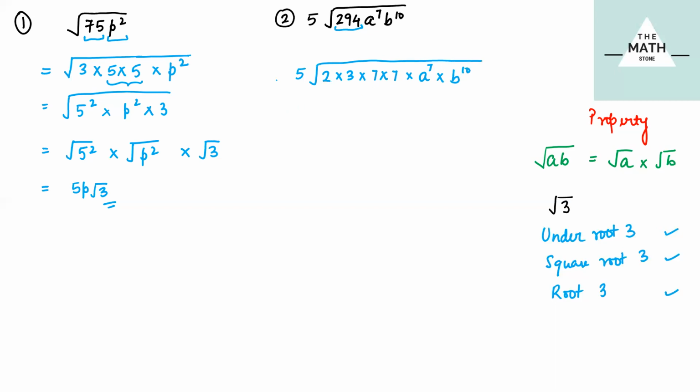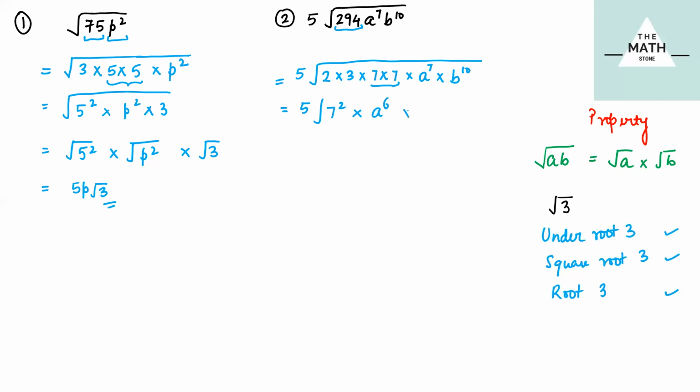Then the next step will be, I'm going to group the perfect square factors. So the perfect square factor is this 7 square. Then, you see you have 7 a's, so I will write 6 a's.